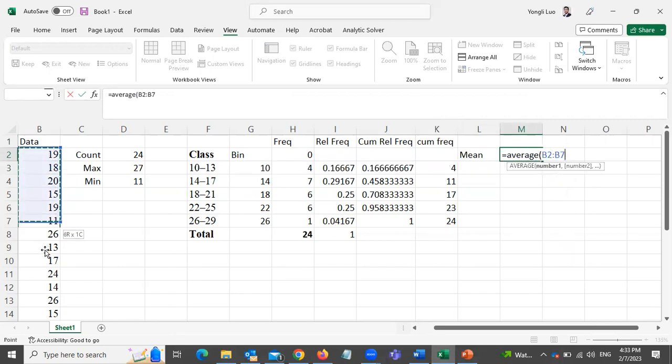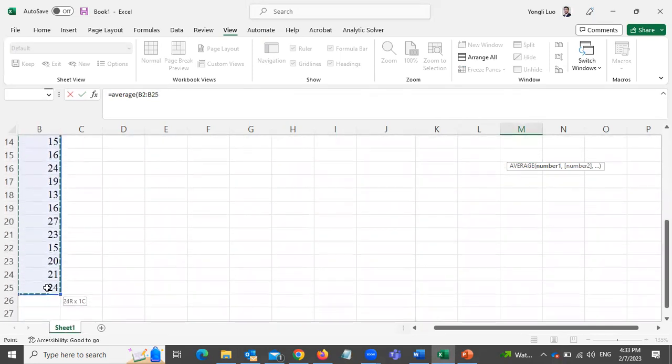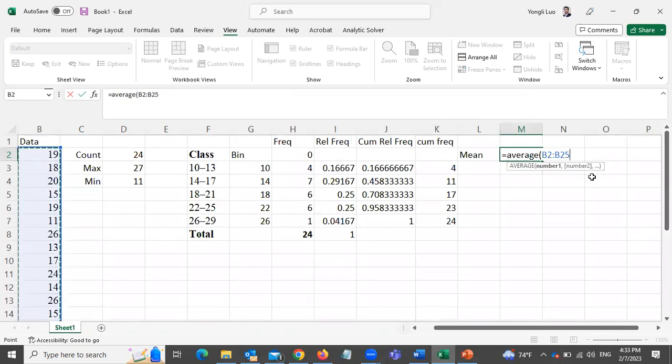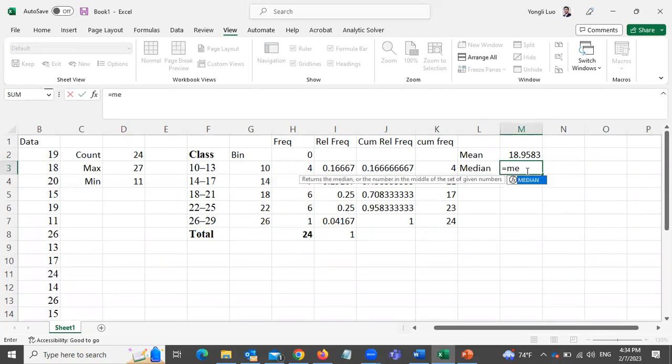You use the average function, select all the data, and close the parentheses. Then you do the median. The function is called median, and you select all the numbers here.